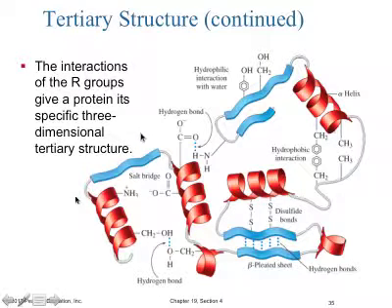So here is a protein. It doesn't look like it's been identified. The interaction that the R groups give is three-dimensional structure. So any given protein may have alpha helices. It may have some beta pleated sheets here. Here we have some sheets, but they're not pleated so much.